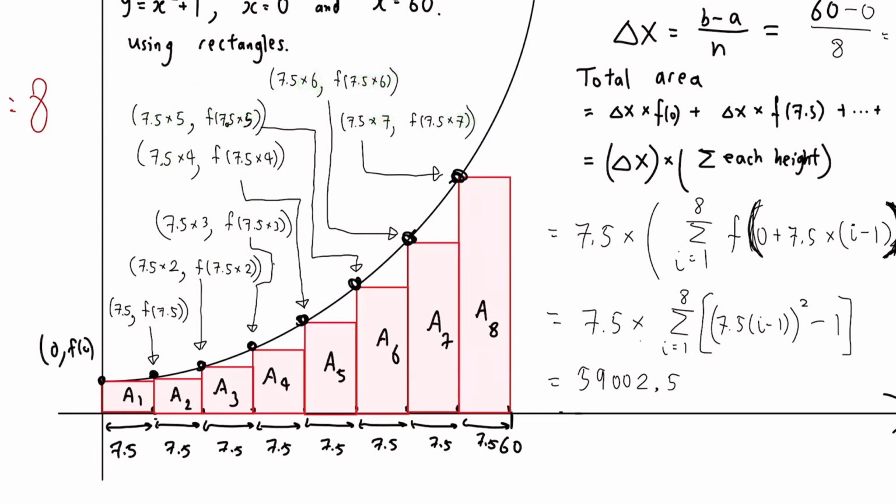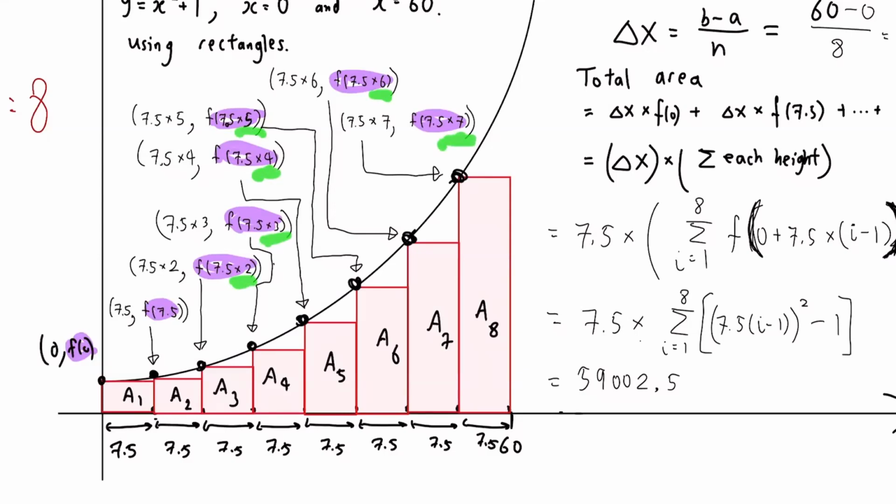Okay? So what's the general pattern if I want to add all these: f of 0, f of 7.5, f of 7.5 times 2, f of 7.5 times 3, plus the times 4, the times 5, the times 6, the times 7? If you want to add all these together, you just need to find a general formula for the thing that is changing. Do you notice the only thing that is changing here is the times 2, times 3, times 4, times 5, times 6, times 7?